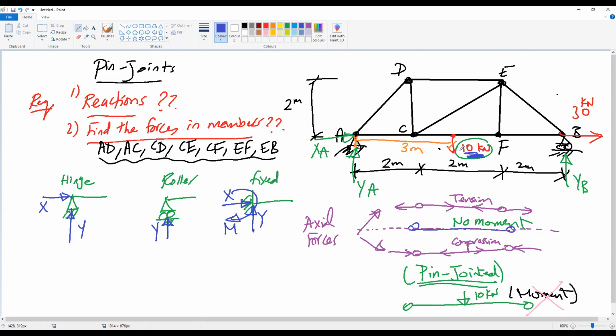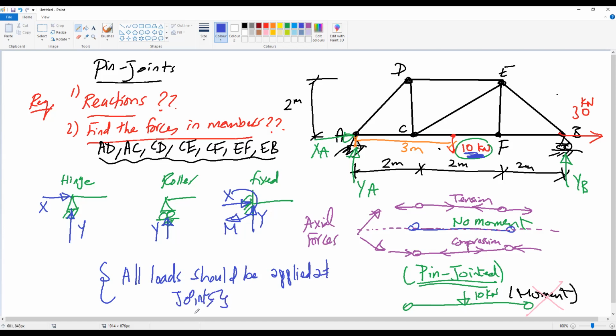Okay. And in other words, we can say that all loads should be applied at joints in trusses. Okay, so for truss, all the loads should be applied at the joint. So the 10 kilonewton force cannot be like that.